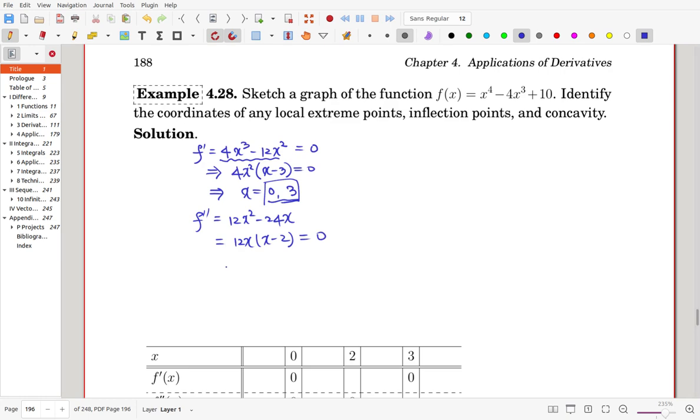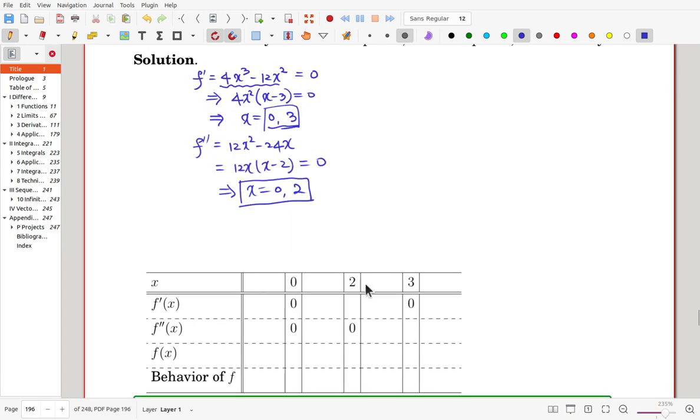If it is 0, then we have x equals 0 and x equals 2, and at these points the graph has inflection points, so we have the table here. Now f prime is 0 here and here; they are critical points. And f double prime is 0 at 0 and at 2.